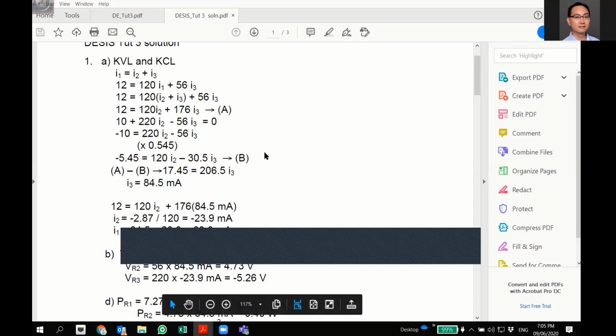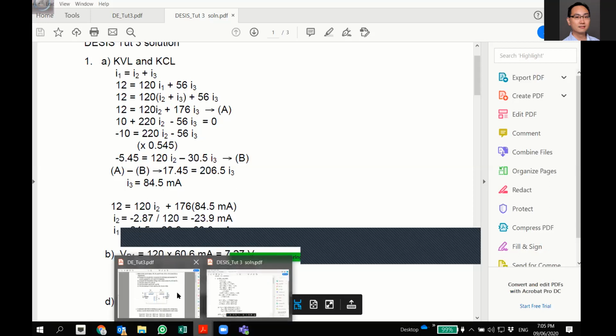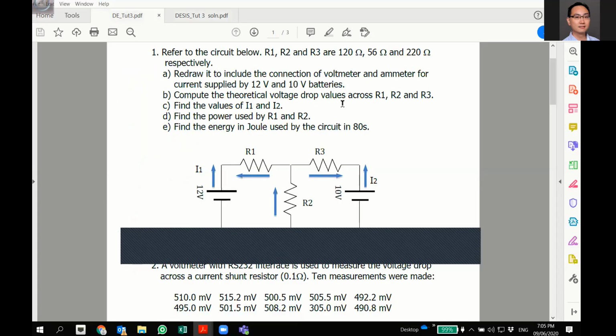So basically this part is to solve the current now, because once you find the current, the rest is easy already. Once you find the currents I1, I2, right? The rest is just to calculate the power, because we know power is quite straightforward.